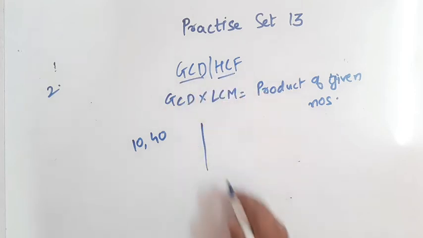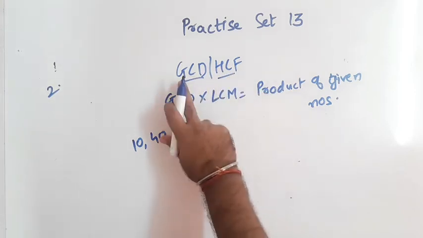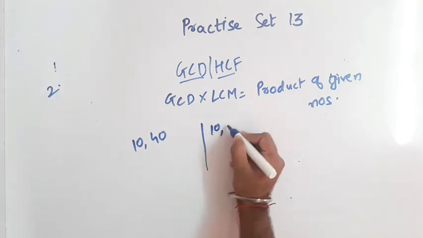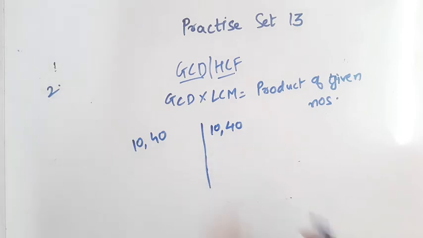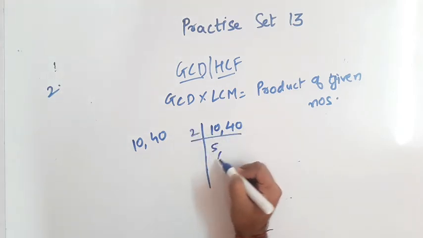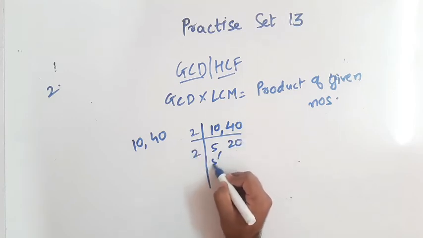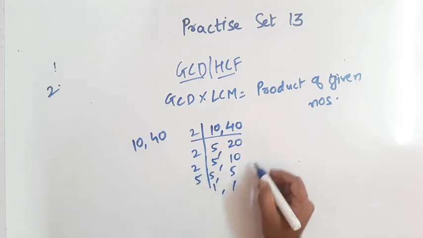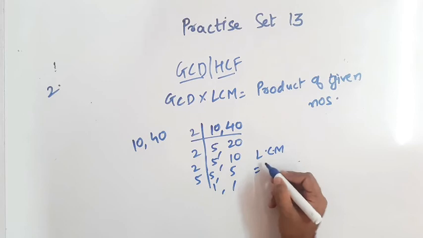Both have the same meaning, highest common factor or greatest common divisor, one and the same. So 10 and 40. Now if I find its LCM, 2 5s are 10, 2 20, 2 10, 5 5, 5 1, 1. So LCM is 2 2s are 4, 2s are 8, 5s are 40.